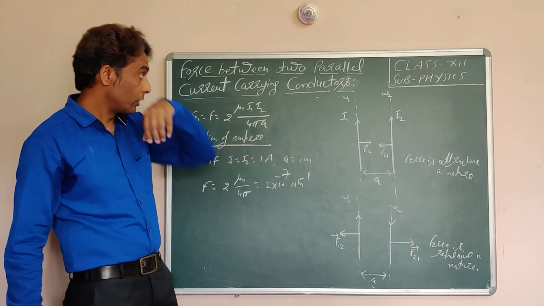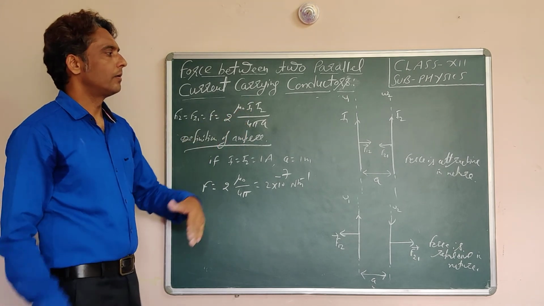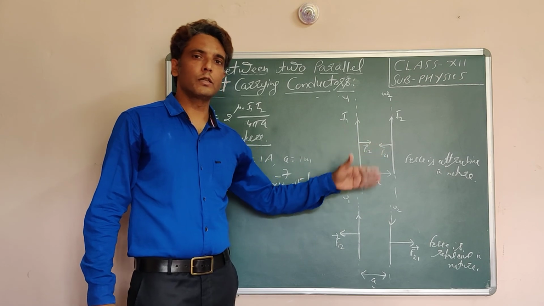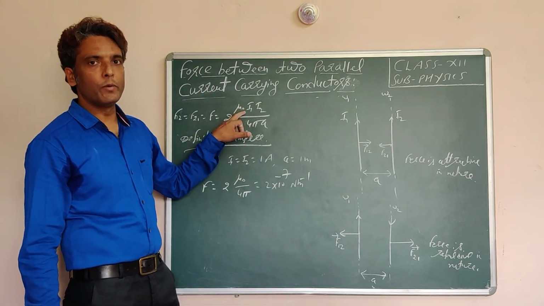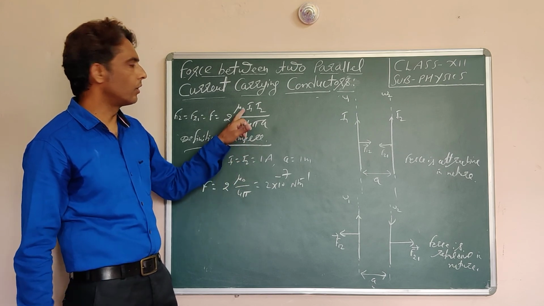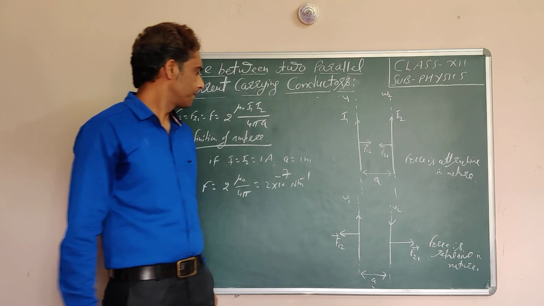Why am I using vacuum? Because this constant mu naught is for the case of vacuum. When the conductors are placed in some other medium, then we have to consider relative permeability. So in case of vacuum, we write only mu naught, that is, the absolute permeability of free space.